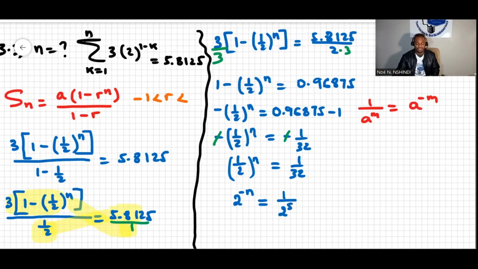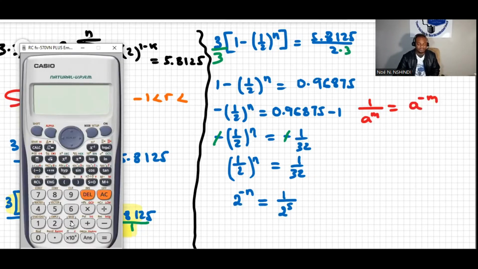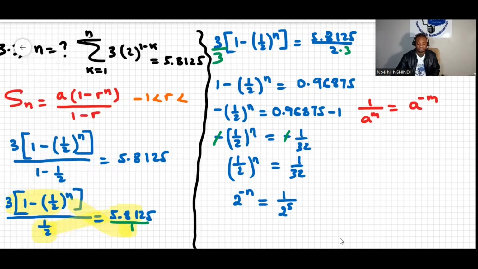If you're unsure, write 32 in the calculator, press equals, then press shift and this button here, which gives you the prime factors of 32, 2 to the power 5. Now, according to the same law of exponents, I can also write 1 over 2 to the power of 5 as 2 to the negative 5.